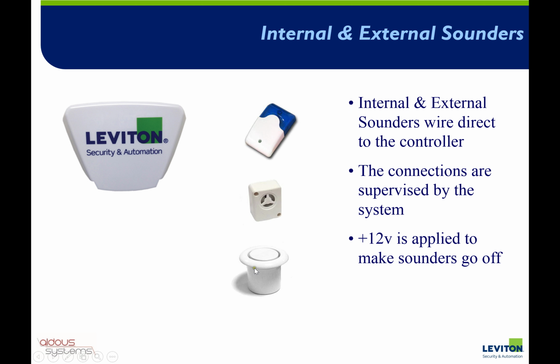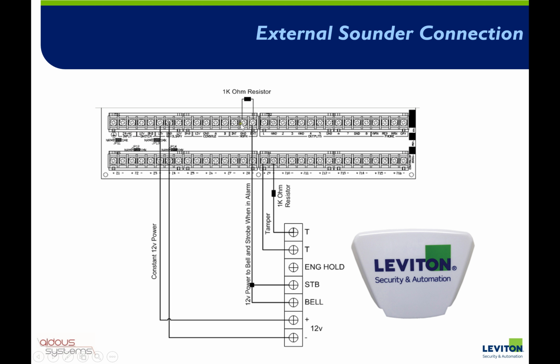So the internal sounders are just 2-wire, and they wire onto the ground and internal siren connections here. They're very simple. The external siren's a bit more complicated. This is external, so it has to be supervised, so it can't be tampered with, and is battery backed up as well. So it has got a battery inside.